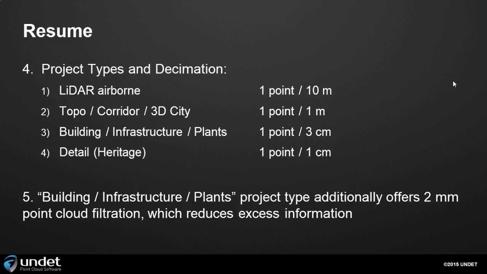In building, infrastructure, or plans project type, it is 1 point in every 3 centimeters. And in detail scanned objects, it is 1 point in every 1 centimeter. Additionally, we saw that if we choose building, infrastructure, or plans project type, that offers 2 mm point cloud filtration, which reduces excess information and makes your point cloud much lighter, thus providing more performance.